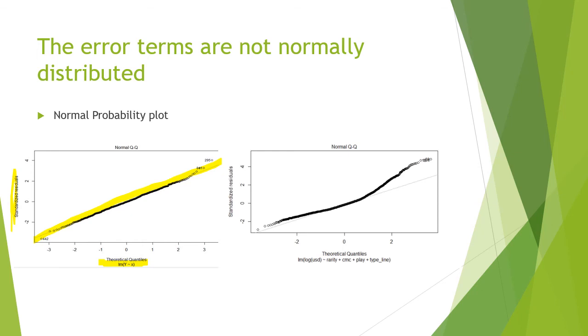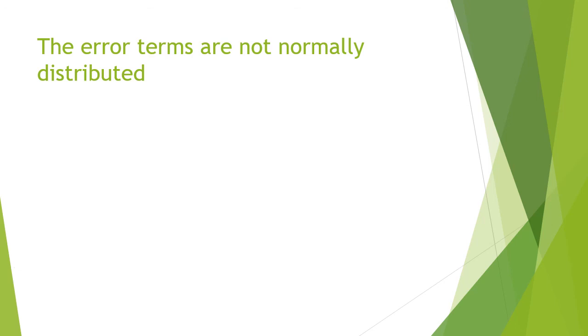In the right plot, you can see that it is not normally distributed here and here. This would cause errors in the final model.